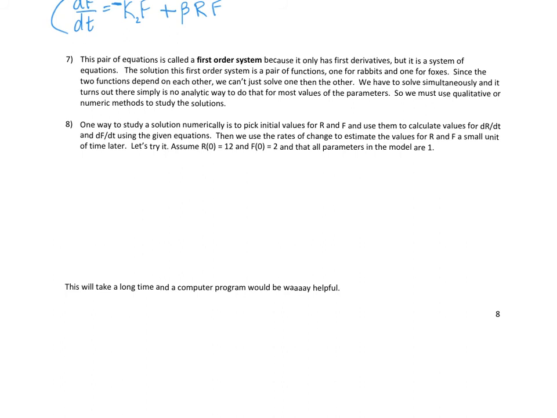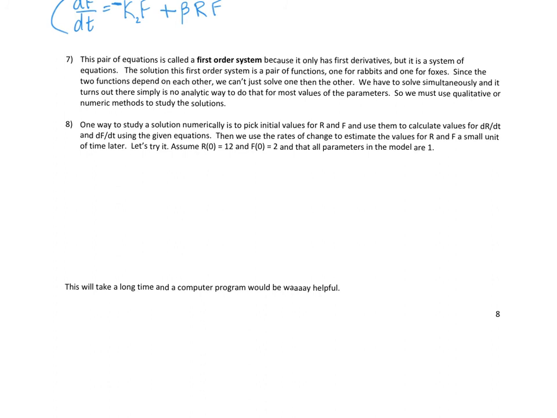R of 0 was 12. That was given. So I had 12 rabbits at time 0. And it is declining. The rabbit population we know is declining by 12 rabbits per week. So 1 week later, I should have 12 fewer rabbits. So minus 12 is 0 rabbits.